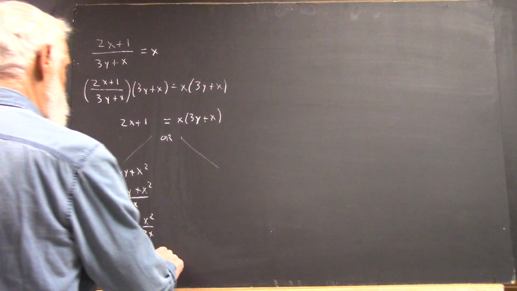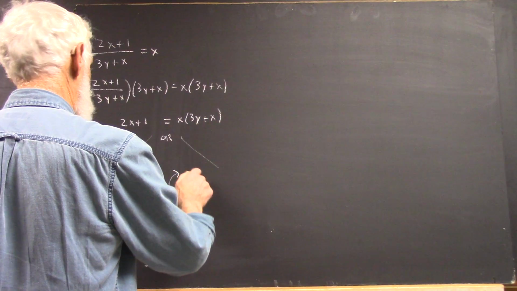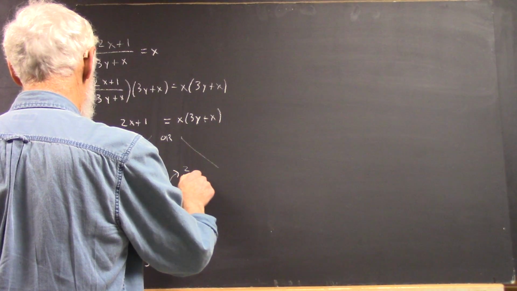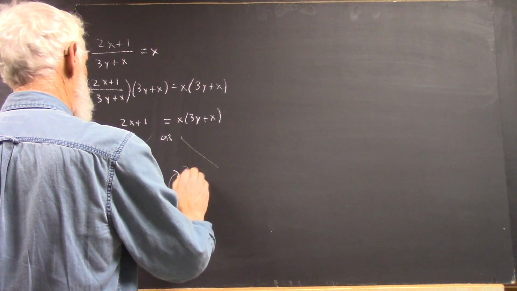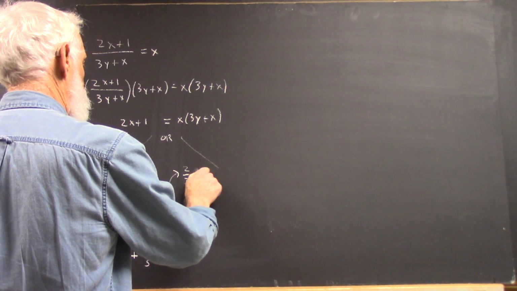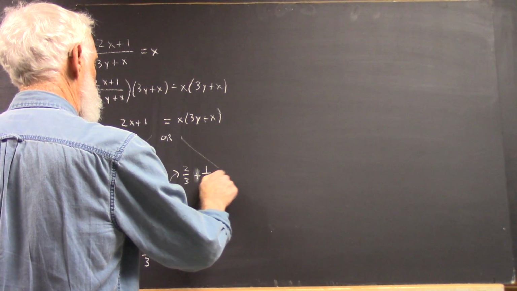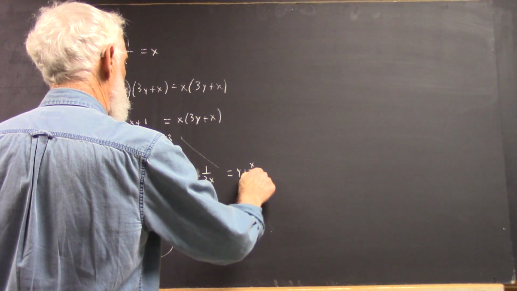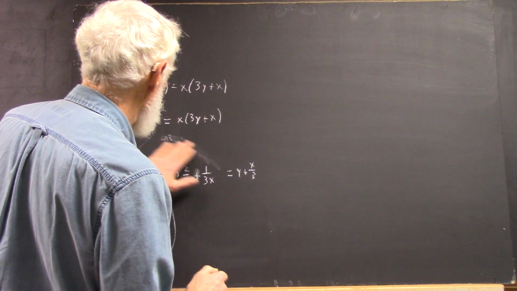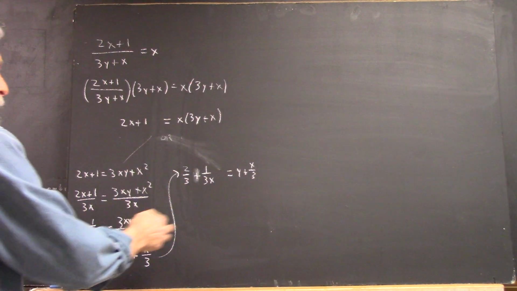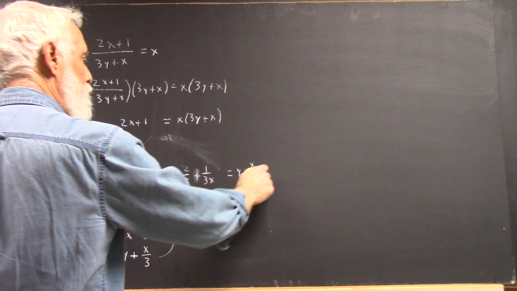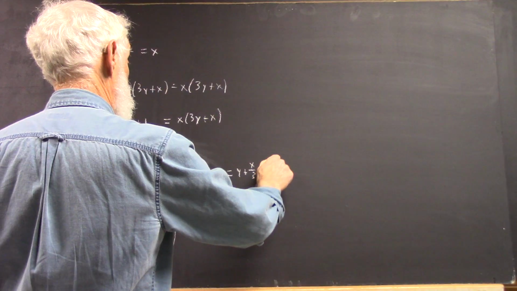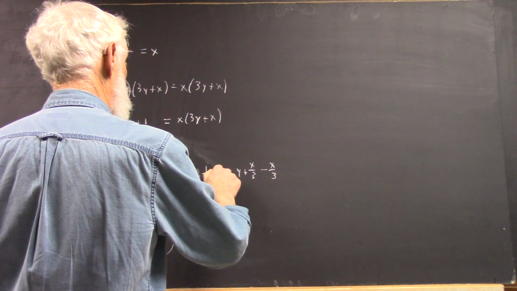So I'm going to write out all the steps here. We have 2/3 plus 1 over 3x. That's equal to y plus x over 3. I get my solution for y if I just subtract x over 3.